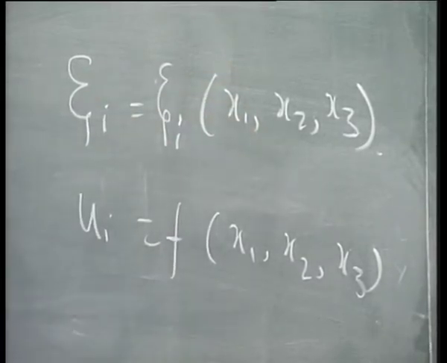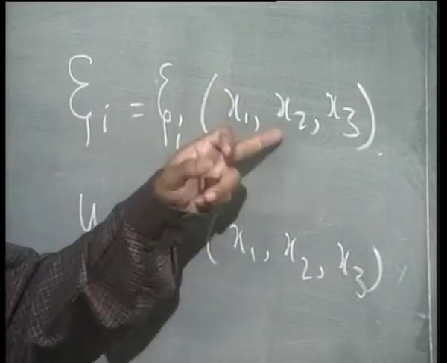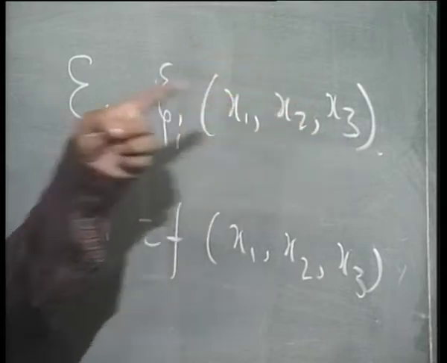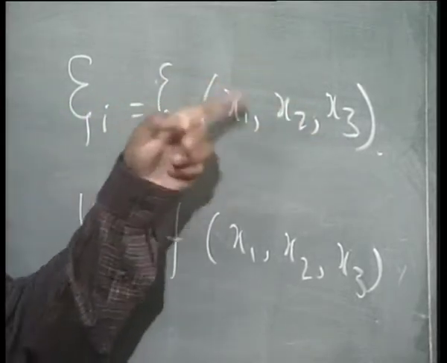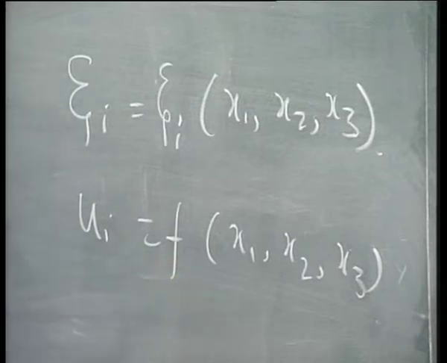Is that clear? Instead of saying psi 1 is equal to f1 of x1, x2, x3, psi 2 is equal to f2 of x1, x2, x3, psi 3 is equal to f3 of x1, x2, x3, and u1 is equal to f4, and so on, keep on writing like that. That's very confusing. After some time, you will not know what f4 is.